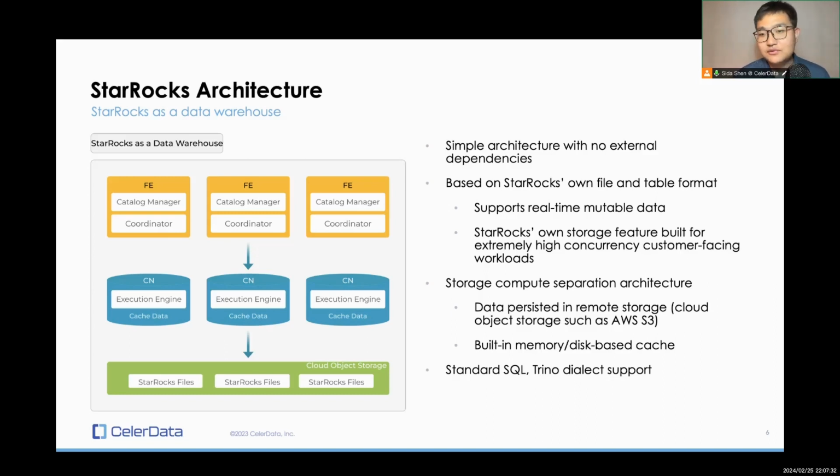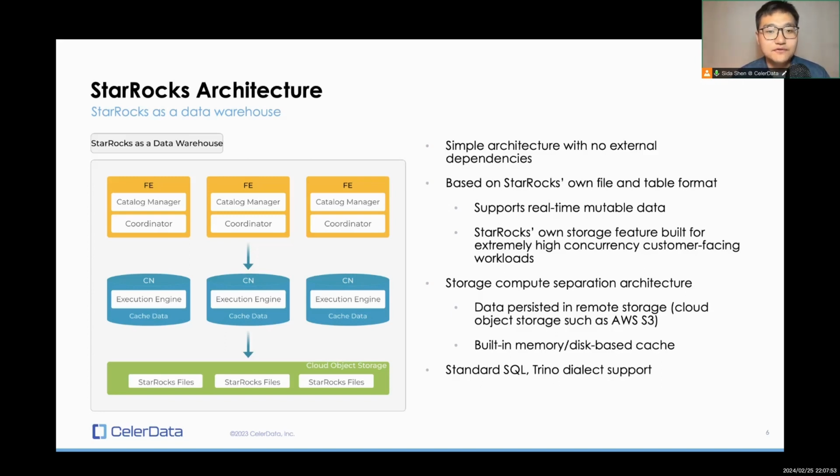You can use StarRocks with data updates and get sub 10-second data freshness. Its own storage features are built for extremely high concurrency, low latency, customer-facing workloads.